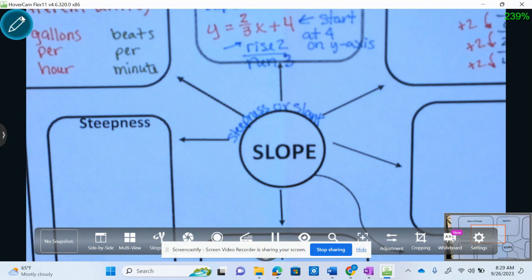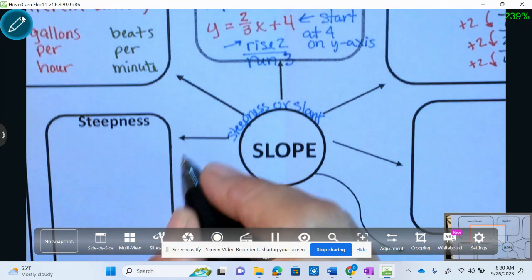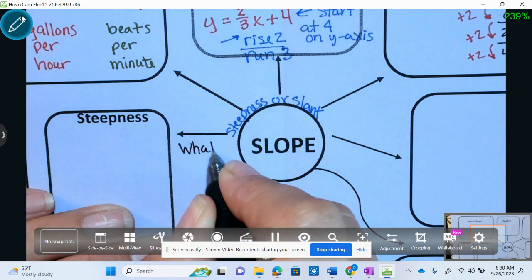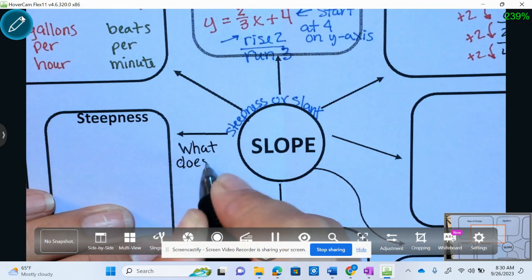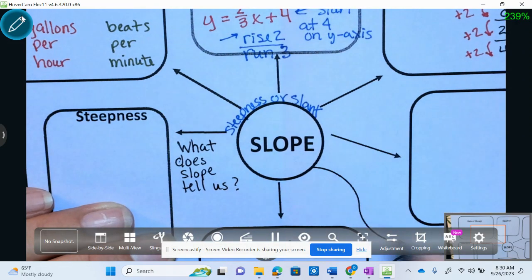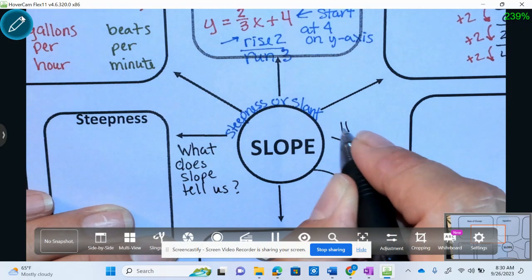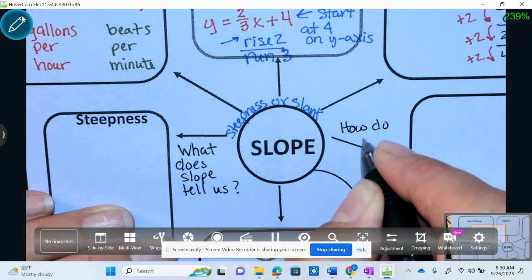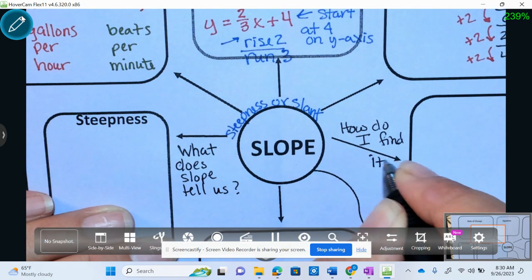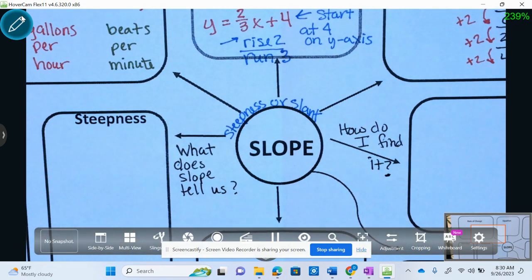So on this side, we're going to focus on what does slope tell us? And on this side, we're going to do, how do I find it? So what does it tell us? How do I find it?